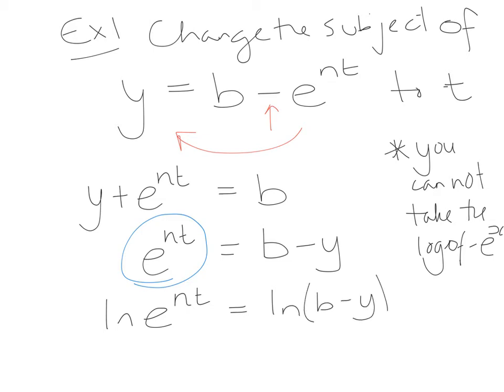You must take the log of both sides. So on this side, the log and the exponential function cancel out, and we're left with nt equal to ln of b minus y. And the final step, to have t by itself, is to divide through by n, and I'll have to do that on the next page.